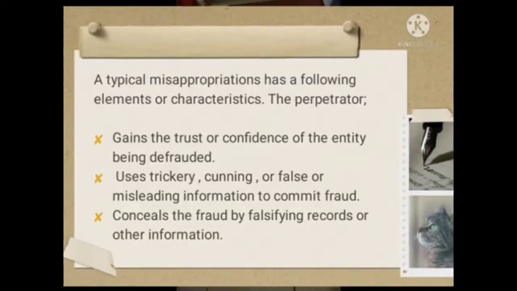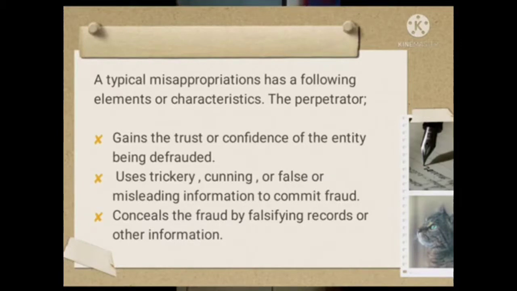Here are the important elements or characteristics of a typical misappropriation. The perpetrator must first gain the trust and confidence of the entity being defrauded. So kailangan niya munang makagain ng trust bago siya kumuha ng pera sa isang company. Next, uses trickery, cunning, or false or misleading information to commit fraud.